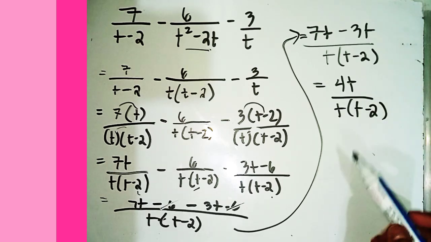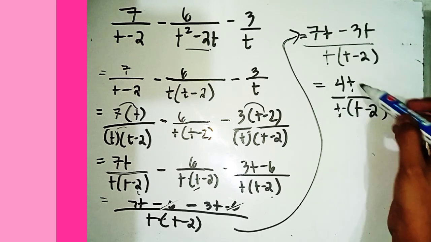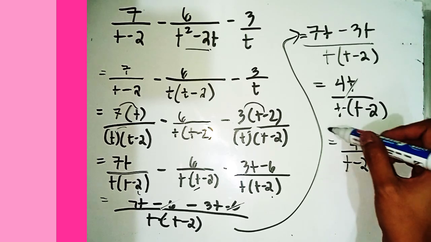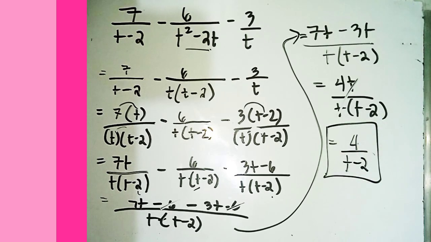And we can cancel the t's. So, the one left is 4 over t minus 2. That would be our final answer.